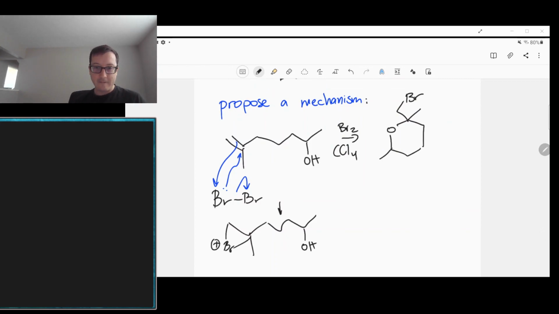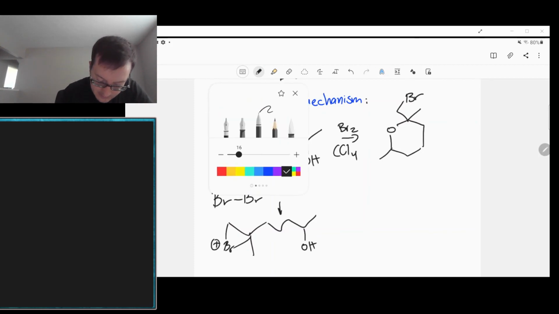Well, we can have multiple things happen, and because this is a mechanism, you can do it in many different ways. You can have your bromine come in and attack the bromonium. That works. Or we have an intramolecular reaction that can happen.